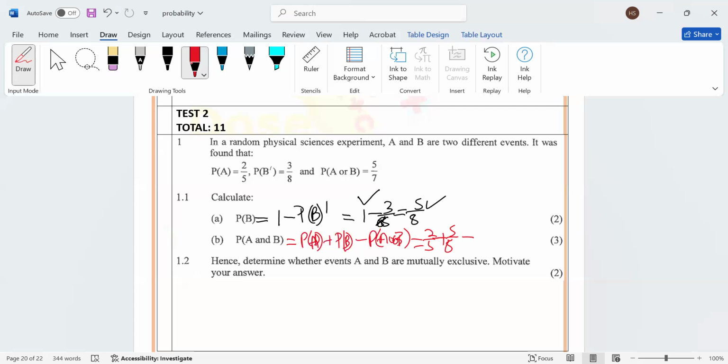Which among you are wrong? Those who are saying minus 5 over 7 are wrong. Why do you get that? The answer is 87 over 208.